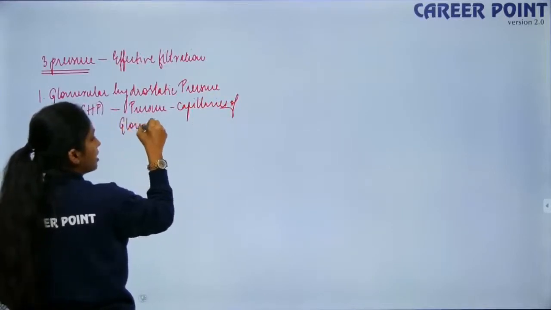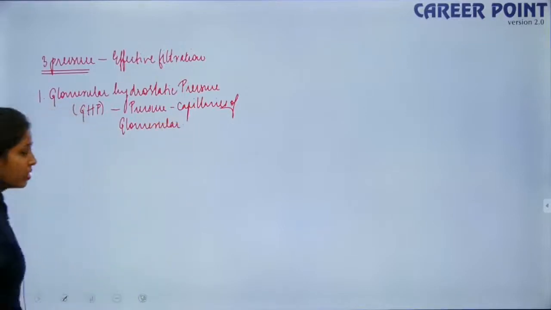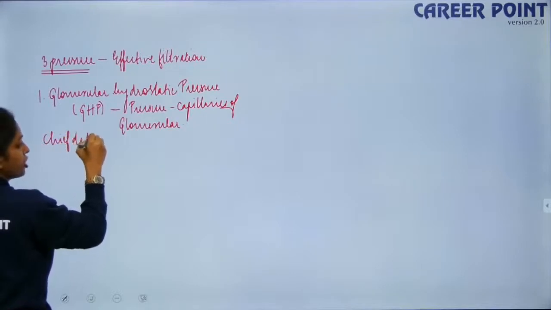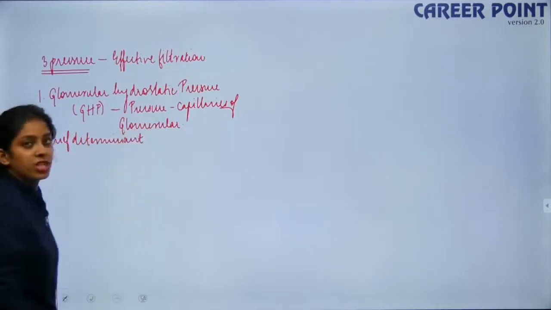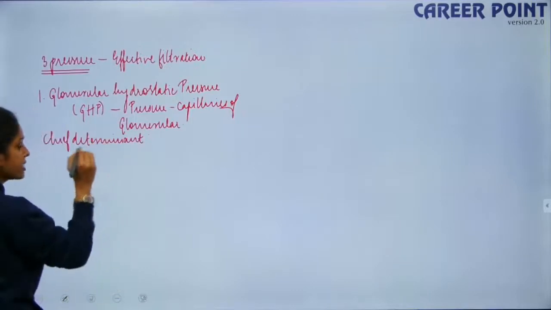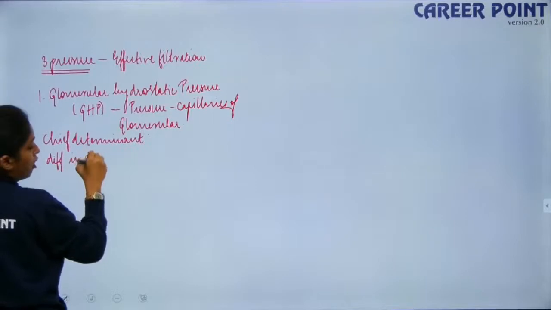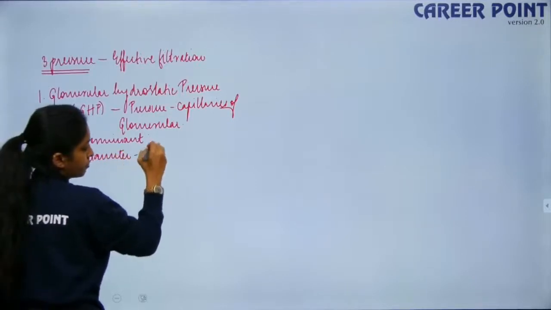Among the three pressures that we are going to talk about, this is the chief determinant. This pressure is very, very important. It arises due to the difference in diameter of your afferent and your efferent arteriole.